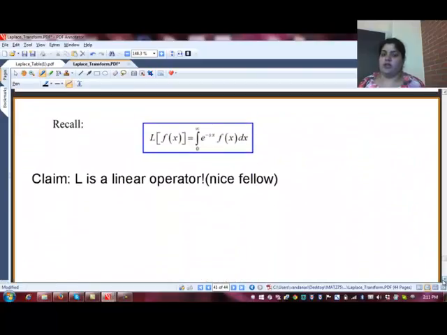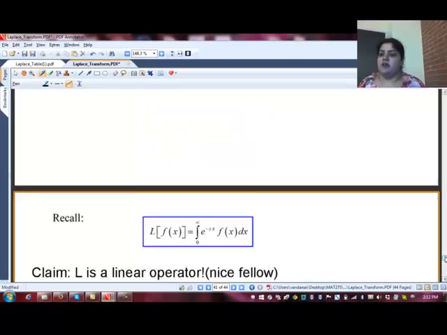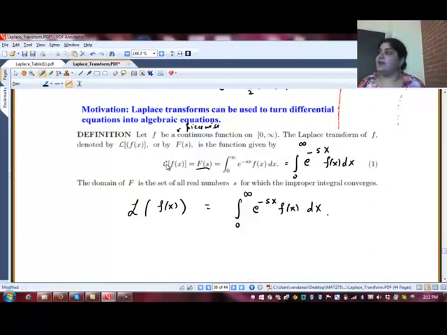Okay, before that, let me give you one thing. There is a reason why I wrote down in the definition this curly L here, and not, let me be careful here, the L which we had written down before in the notes, like L of f of x.